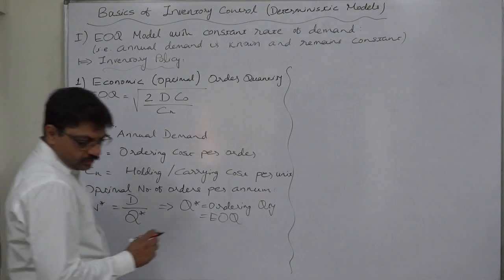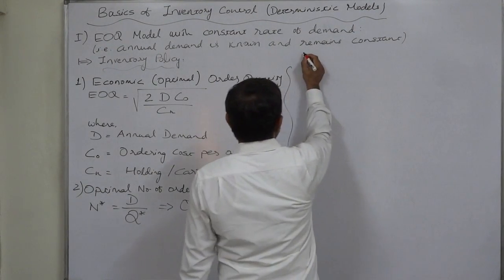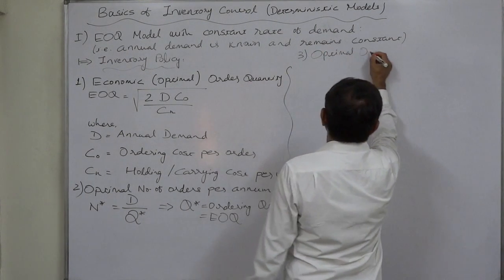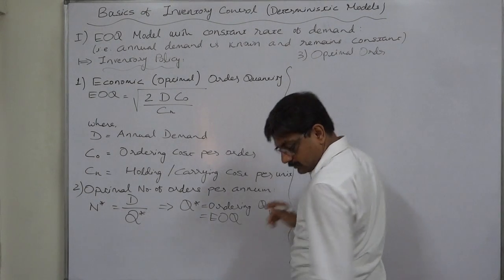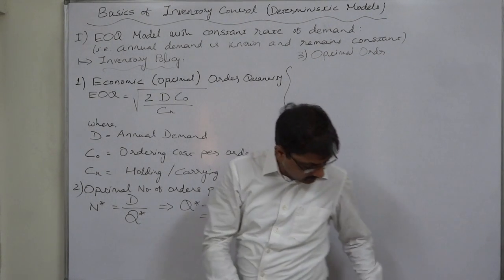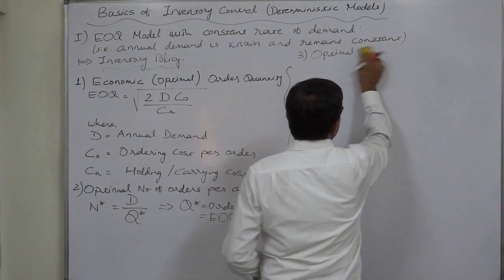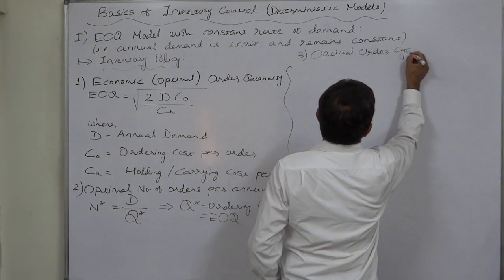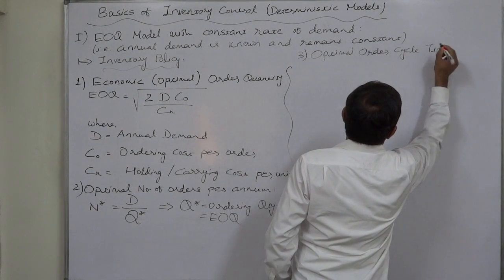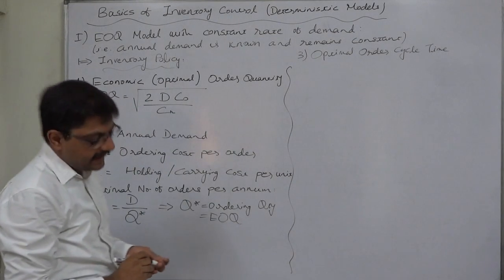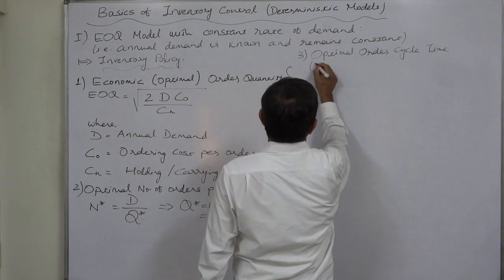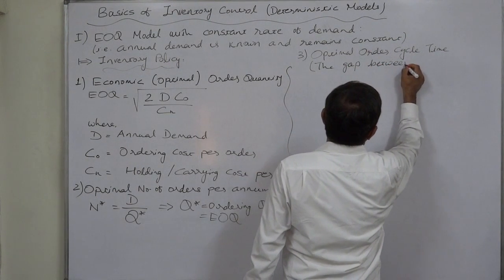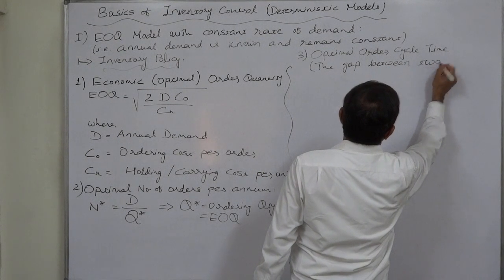Number 3 is optimum order cycle time. That means what is the gap between two consecutive orders?